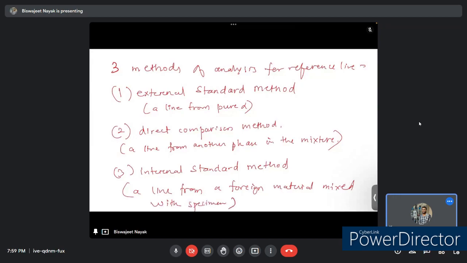So, three methods of analysis for that reference line. First is the external standard method. This is a line from pure alpha. Next we have the direct comparison method.